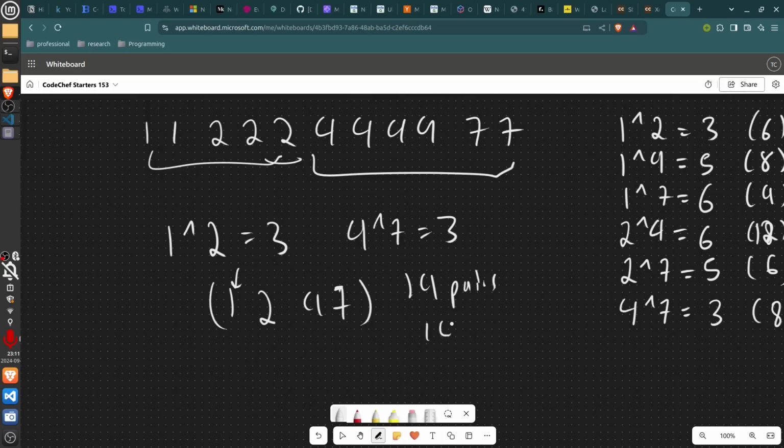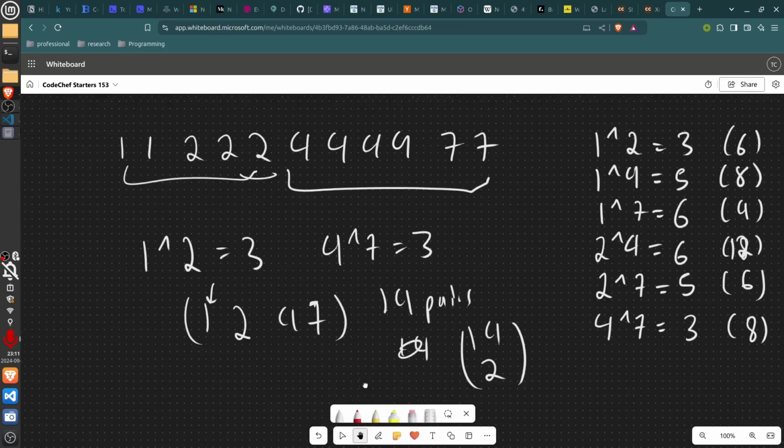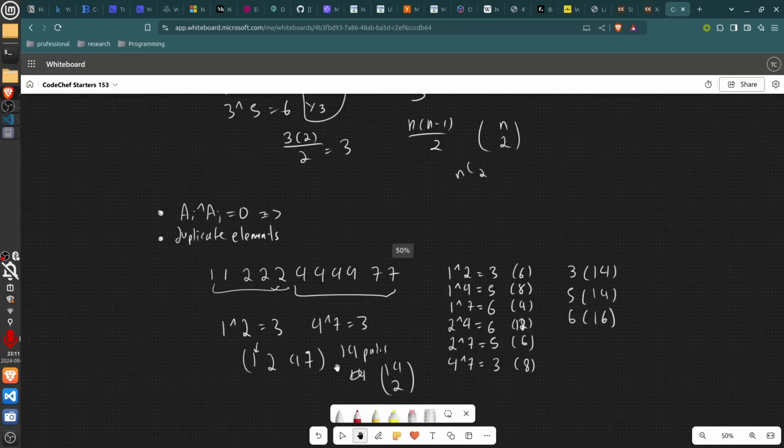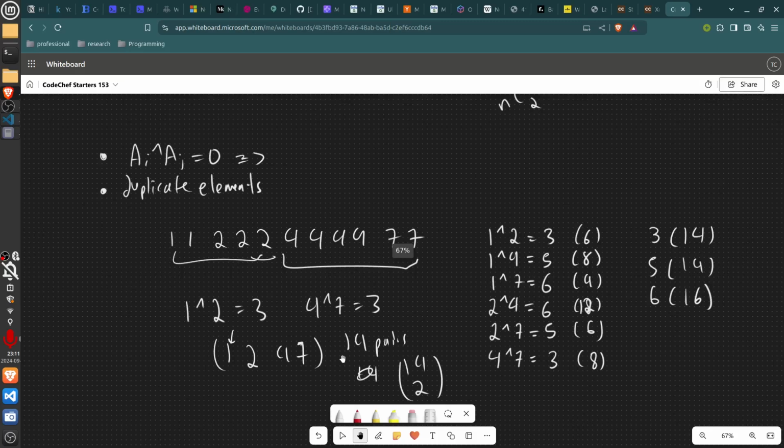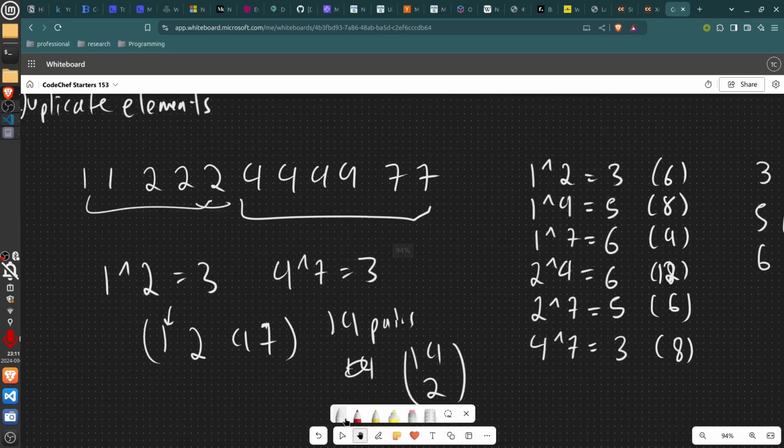So we could say 14. So I can say from 14 pick 2. How many ways can I pick 2 from the 14? And say, well, that's the answer, right?